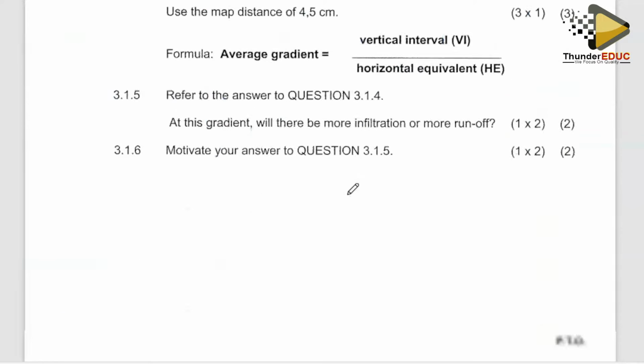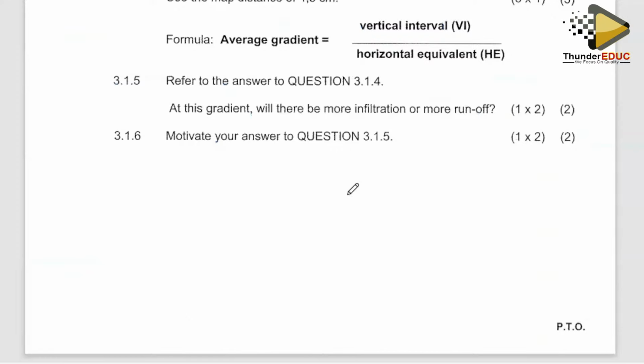Let's move on to the next question. At this gradient of 1:5.49, will there be more infiltration or more runoff? With gradient interpretation, if the denominator is a smaller number, the area is steep, but if the denominator is a bigger number, the gradient is gentle.